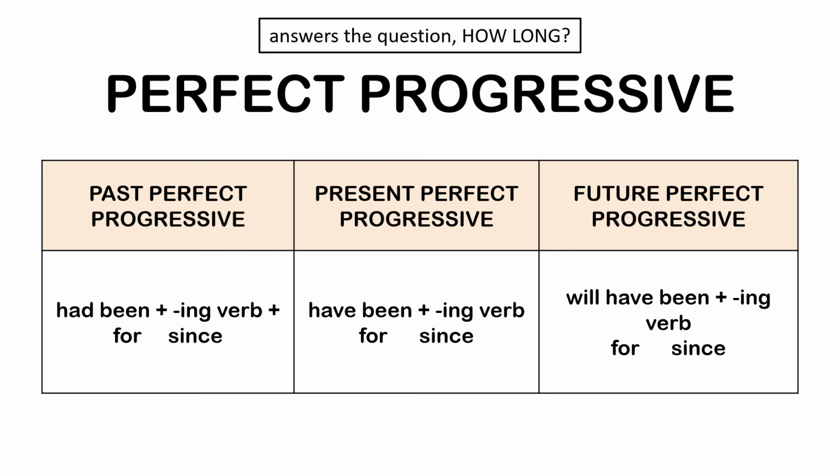Ginagamit yan kapag magdadagdag po kayo ng date and time or yung tinatawag na duration. Kaya nga po, mayroong answers the question, how long? Then, pag present perfect progressive, we use have been plus ing verb, then for or since. For future perfect progressive, we use will have been plus ing verb, then for or since.